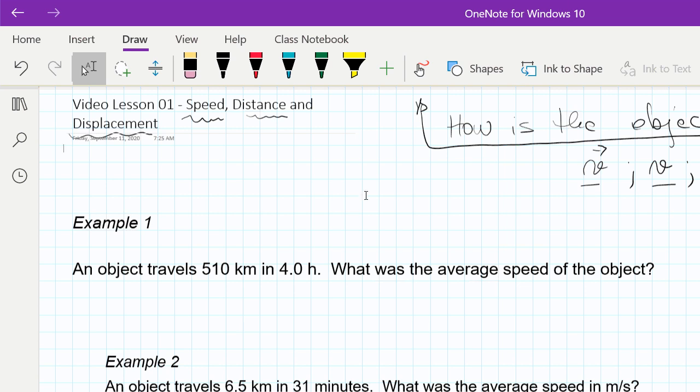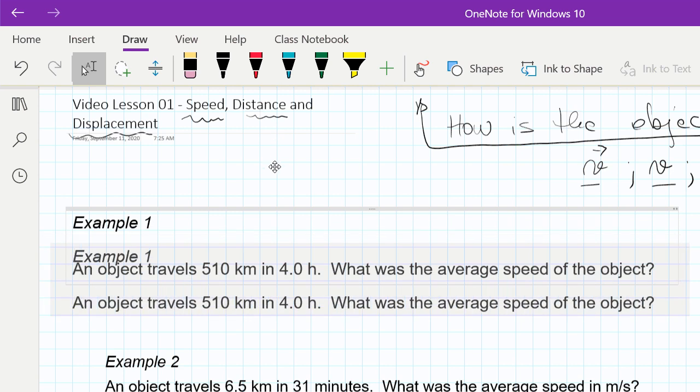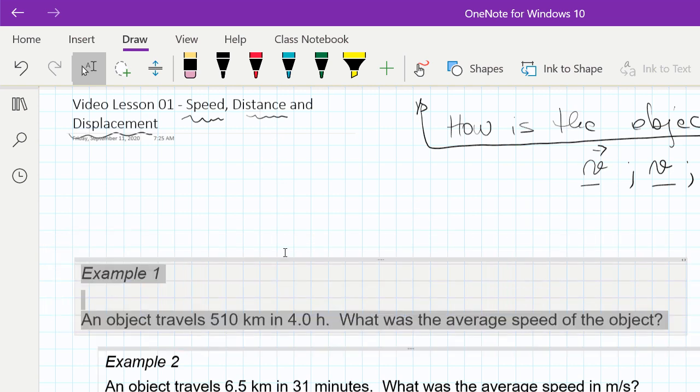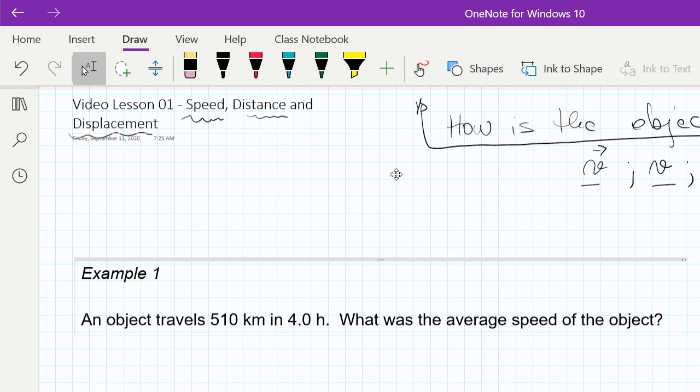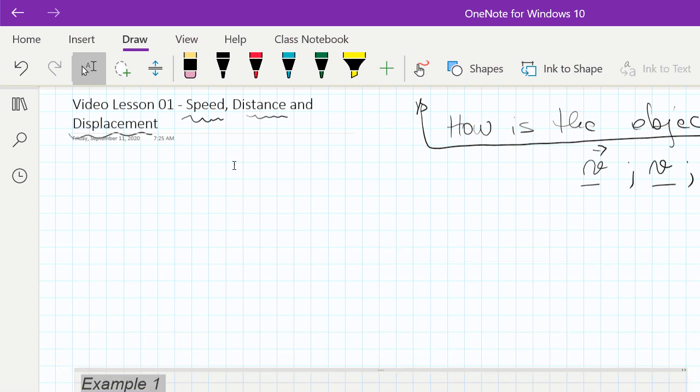We said that vectors are physical quantities that, in order to fully describe, you need to identify the direction and the magnitude. And then we listed some of the most important physical quantities that are vectors and their corresponding scalars.